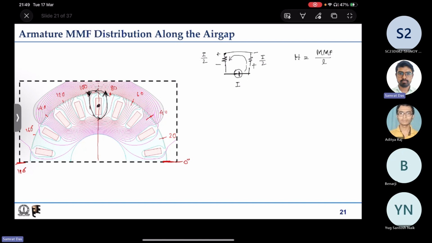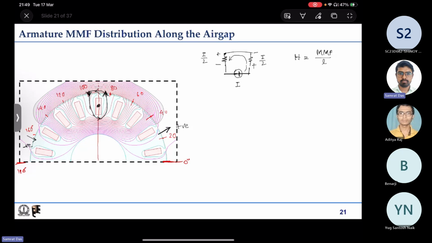So we have been assuming that if flux lines are radially outward, then we will consider B or H to be positive, and if it is radially inward, then we will consider B or H negative.